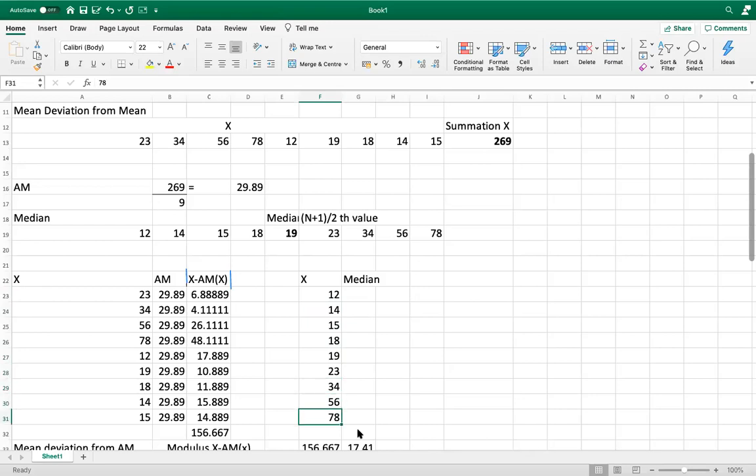What is my median? 19. So I will do it the same way.